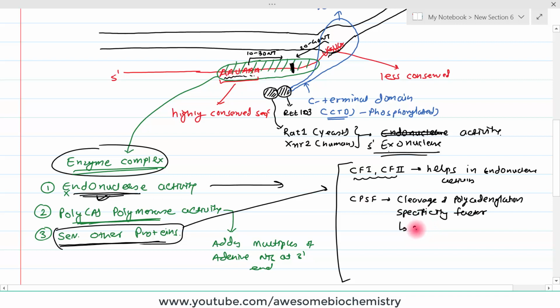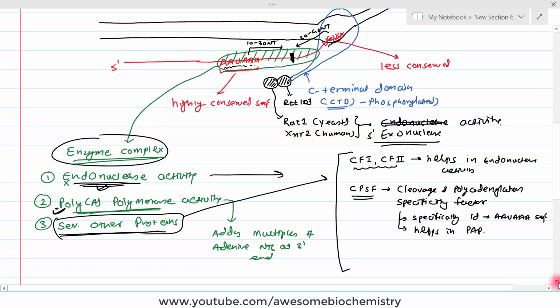So it specifically identifies the AAUAAA sequence, and its other function is it helps the poly A polymerase enzyme. This CPSF factor also helps in the poly A polymerase activity.